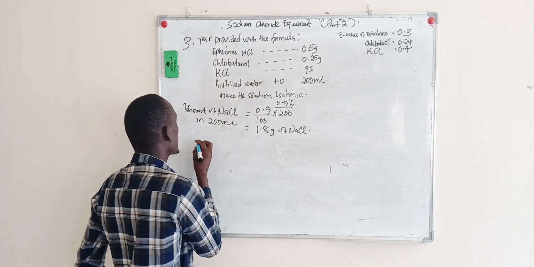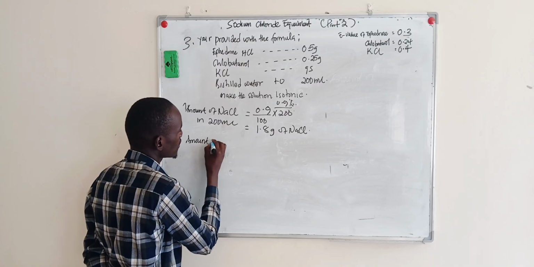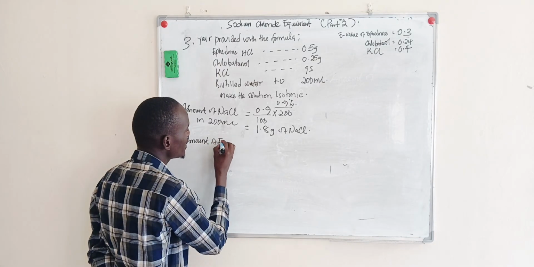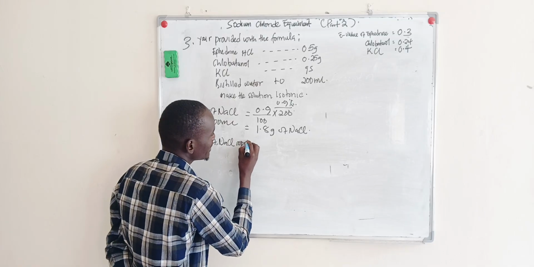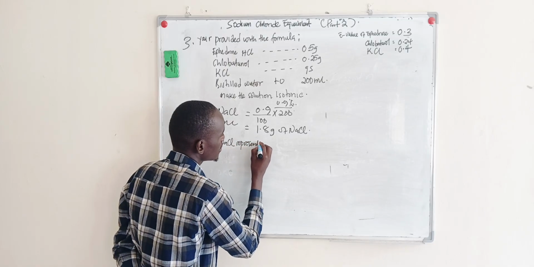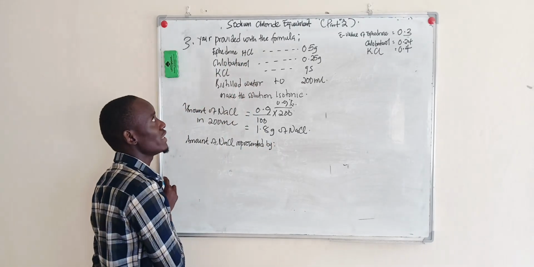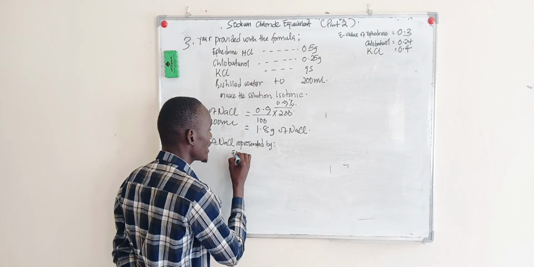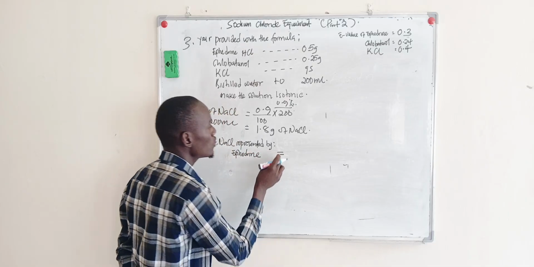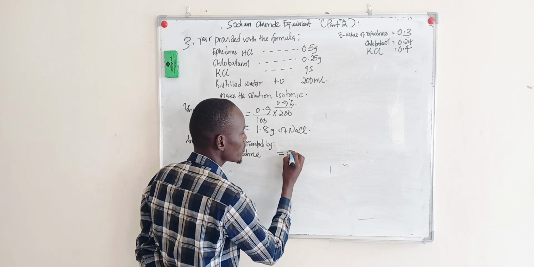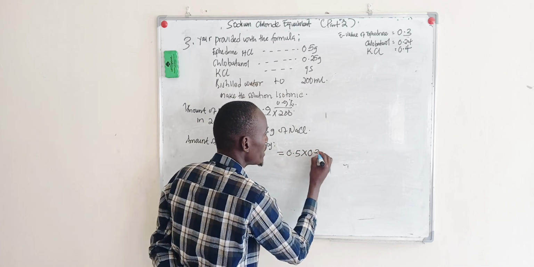So now we are going to get the amount of sodium chloride represented by each of the ingredients in the formula. The first one is ephedrine, which will be equal to the product of the mass given, which is 0.5 times its sodium chloride equivalent.